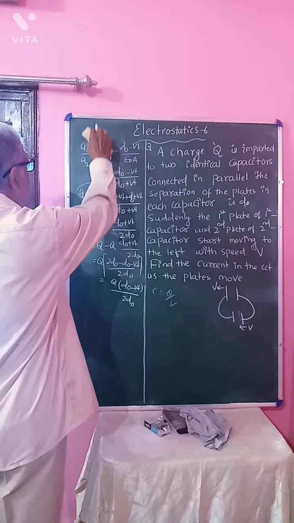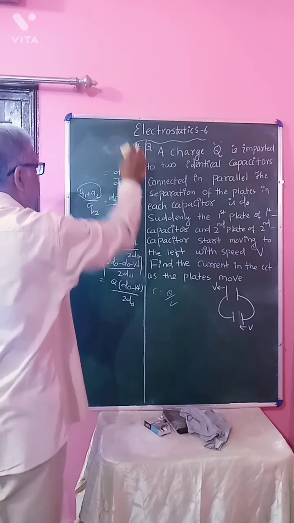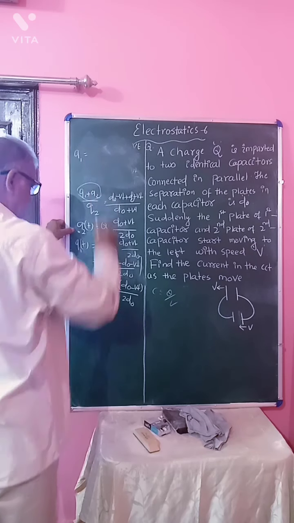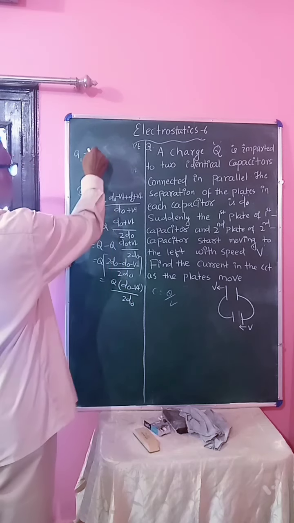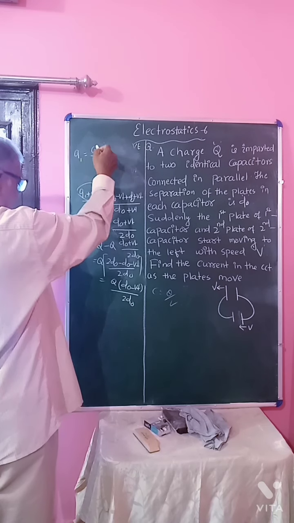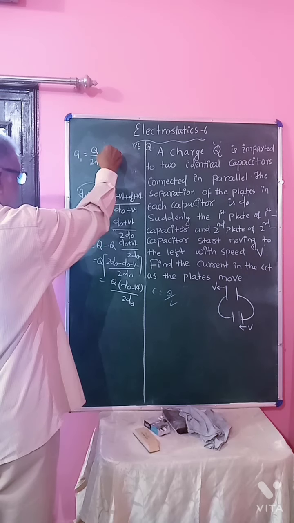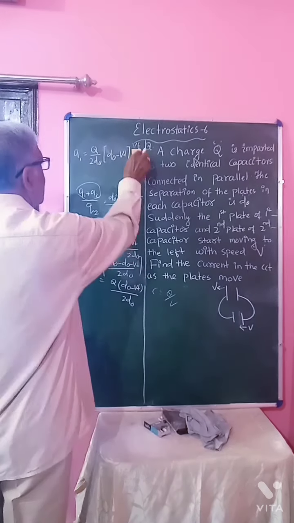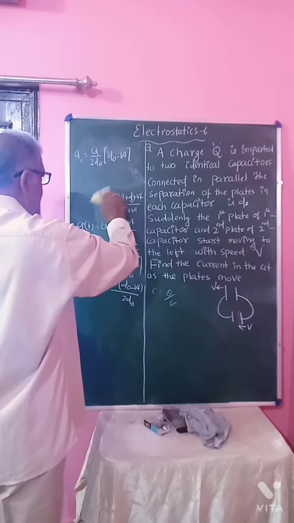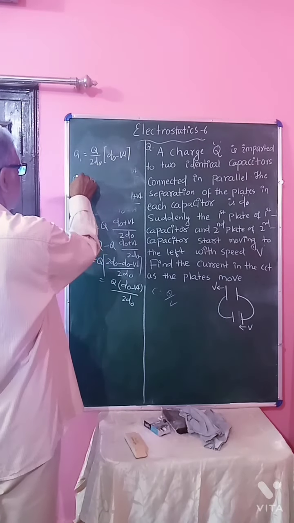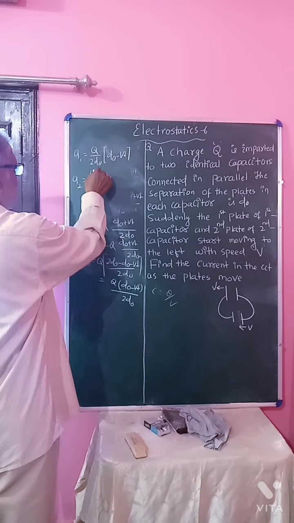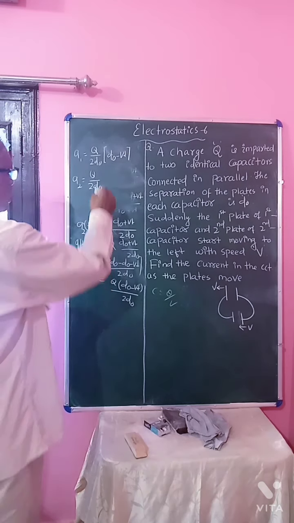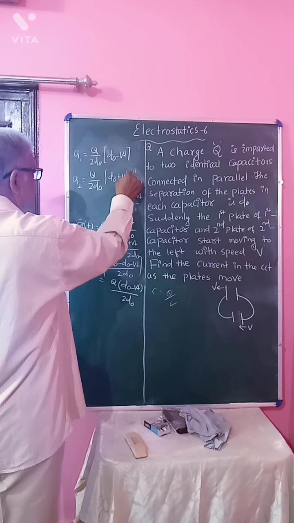So what we have now: Q1 equals Q by 2d0 into d0 minus vt, and Q2 is equal to Q by 2d0 into d0 plus vt.